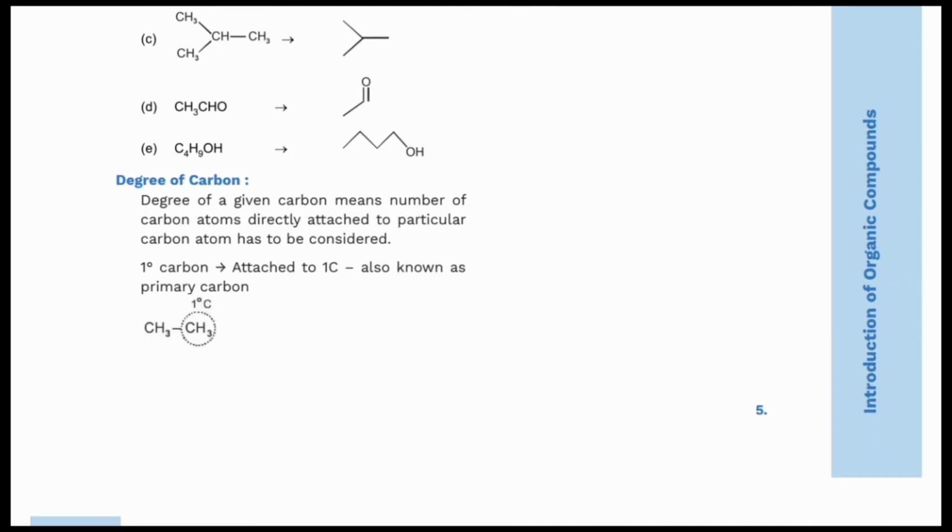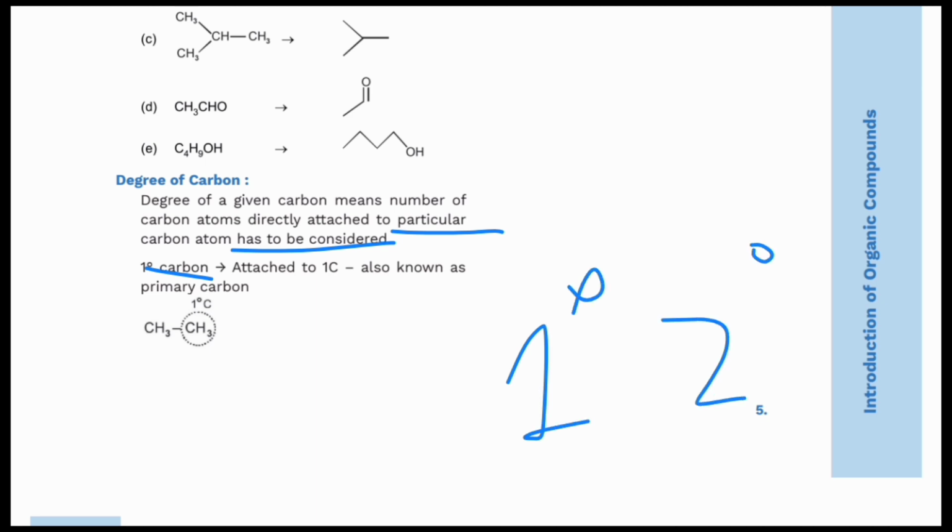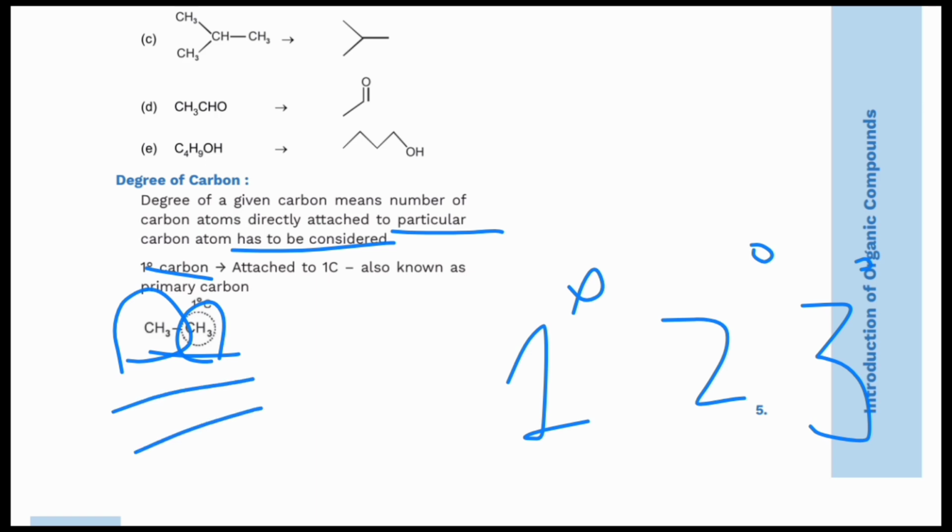Degree of carbon. What is degree? Degree of carbon means the number of carbon atoms directly attached to a particular carbon atom has to be considered. Primary carbon is represented by 1°, for secondary it is 2°, and for tertiary it will be written 3°. Okay, you can see here, this carbon atom is attached with only one carbon atom, so this is the primary carbon.